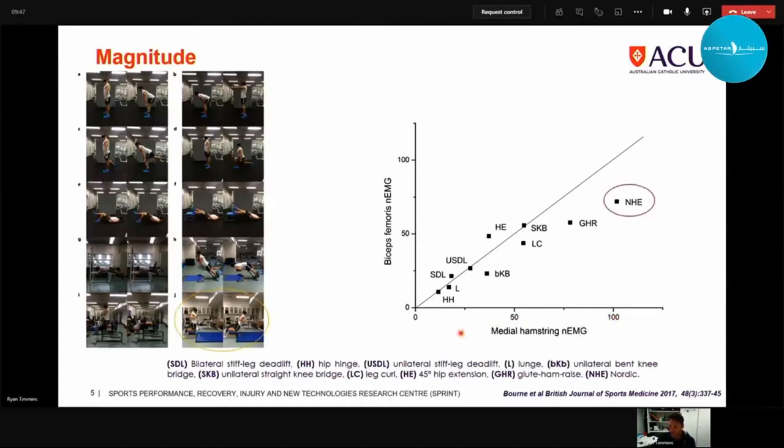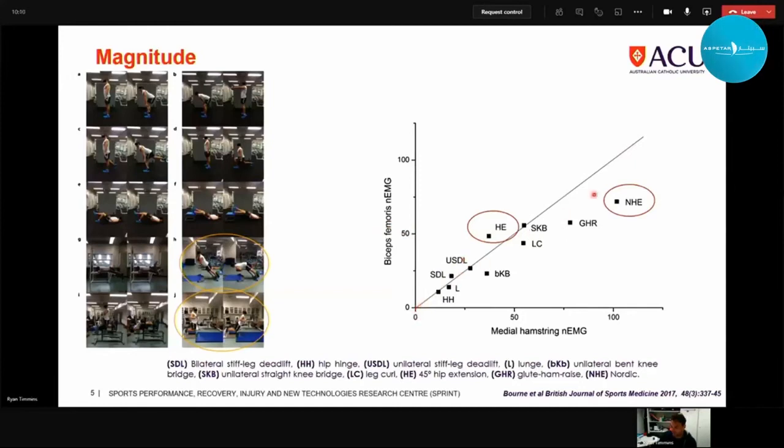So we pick out two comparison exercises, one being the knee-based Nordic, and then one being hip-based hip extension at 45 degrees. And we can see, as what we got from the last slide, our hip extension exercise on the left-hand side of this diagonal line is more biceps femoris active.